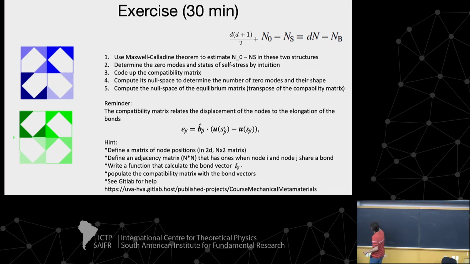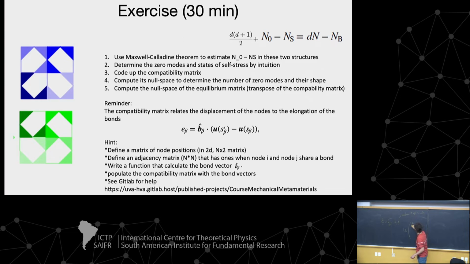Okay. So the compatibility matrix is this one. So this is the displacements of the nodes. U, I mean, you can write it like this. So this is a matrix. So U is typically the displacement vector of all the nodes.